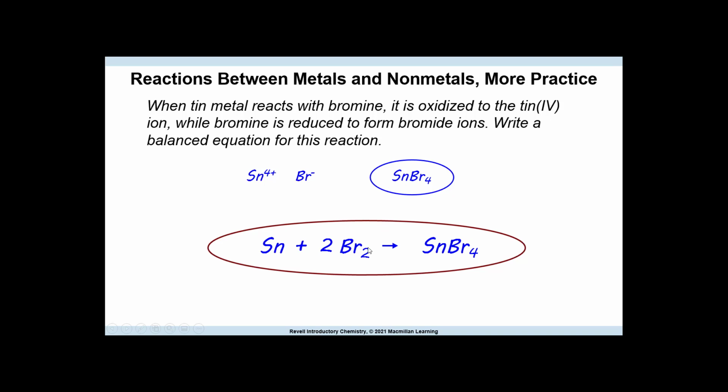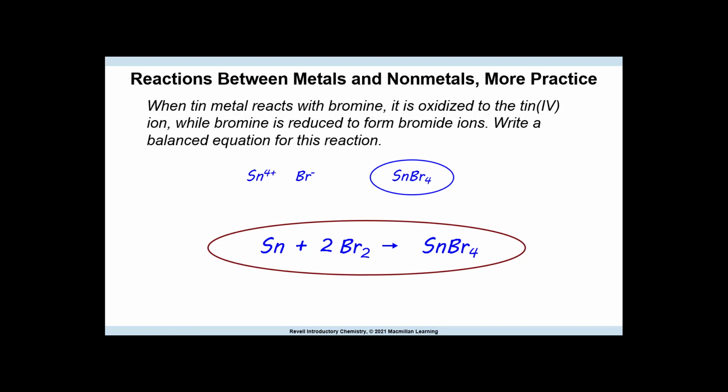So you have 1 here, you have diatomic, so you need to know that this is diatomic. So you have 2. So if we write here, I would write a 2, and then I would write SnBr4 if I have to write it out like this. It is kind of a weird thing. You could separate them too. This is where some of these are a little different because you're actually following the electrons more than what I have shown you in the past.